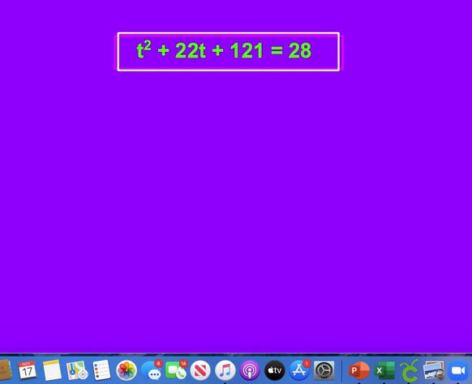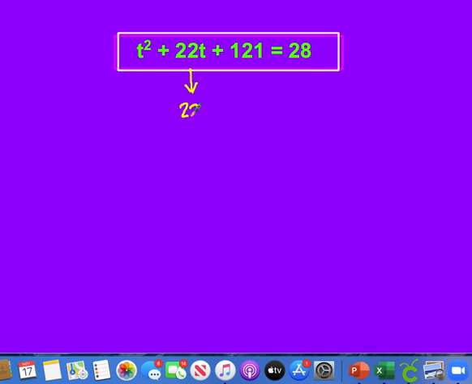If you remember when I said when we solve a quadratic equation, we're always going to have it set equal to 0, except for when we're using the completing the square process or the square root property. So this is going to be the exception to the rule where I always have to have it set equal to 0.